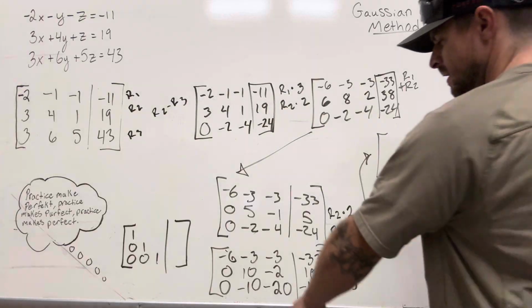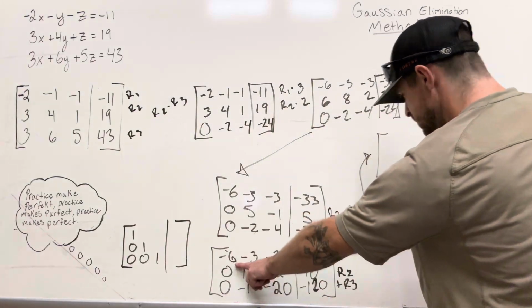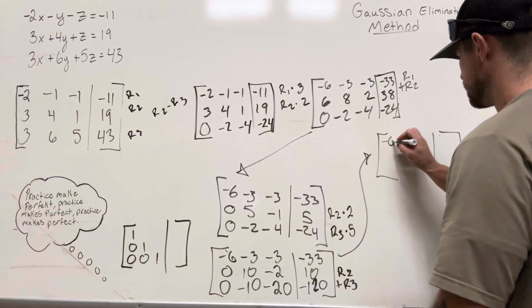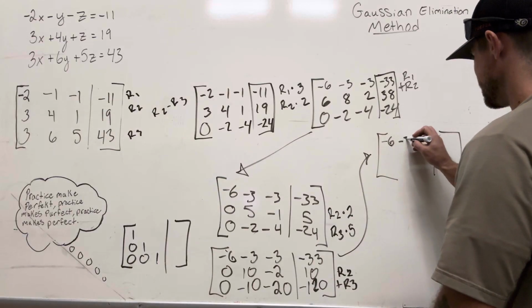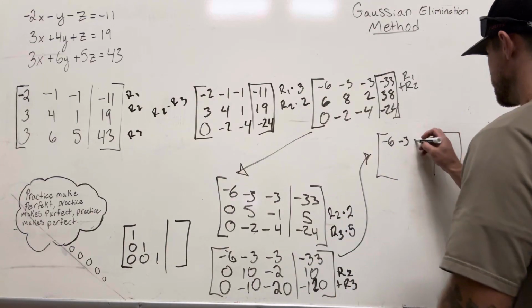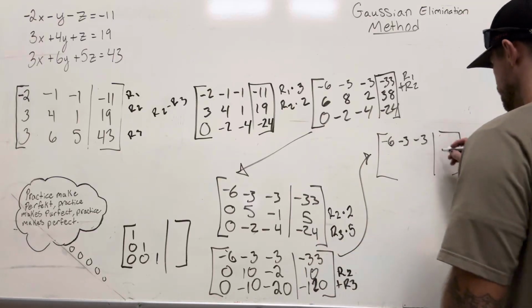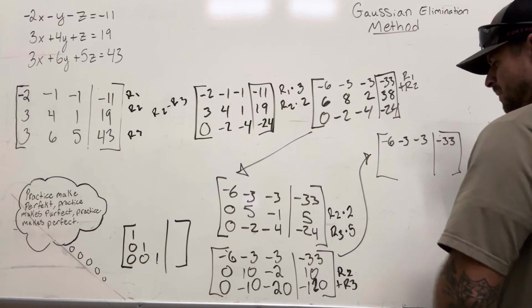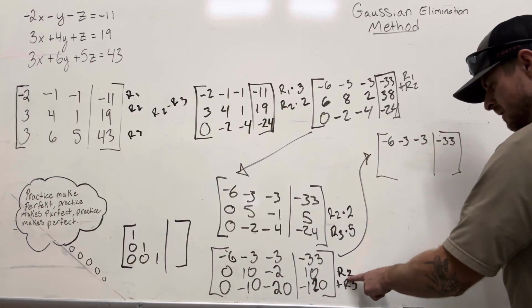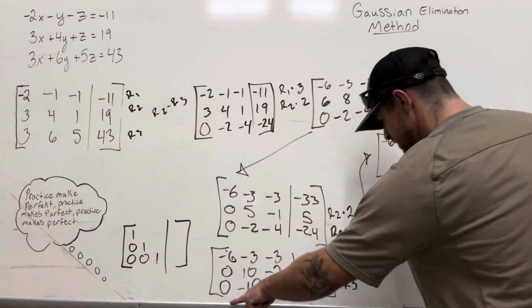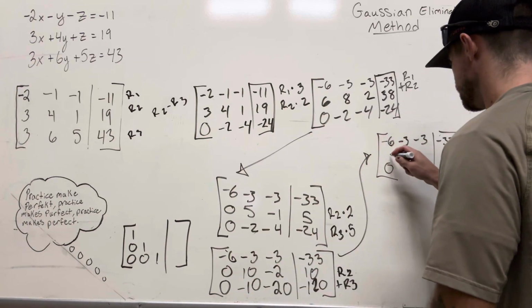Okay, nothing changes on top. -6 remains -6. -3 remains -3. -3 remains -3. -33 remains -33. Okay, 0. Okay, we're gonna add 0 plus 0 is 0. We'll still get our 0 here.